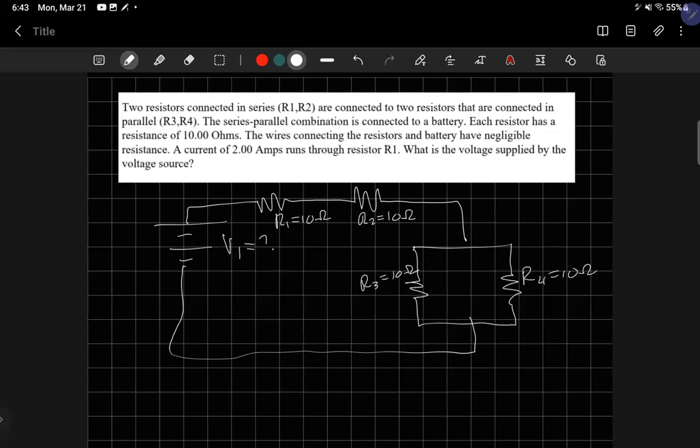Okay. So R1, R2, R3, and R4 all are 10 ohms. And then the current going through this is 2 amps.